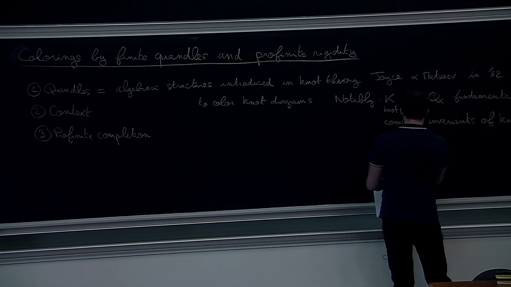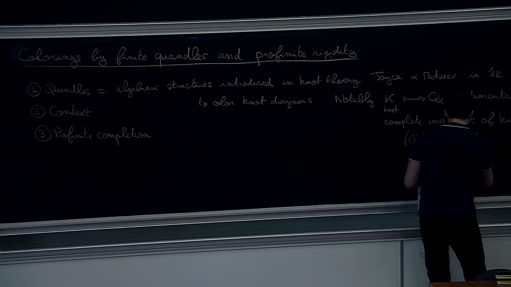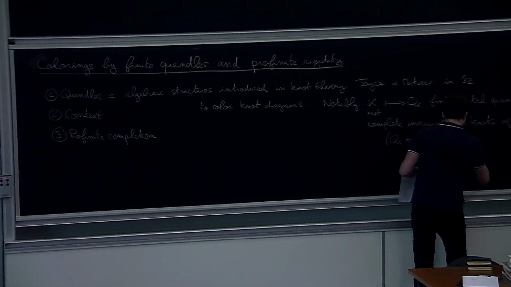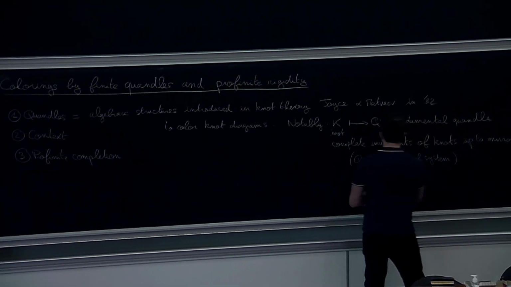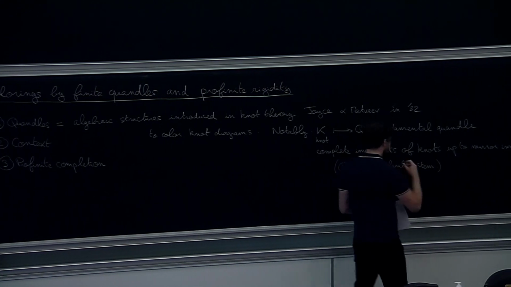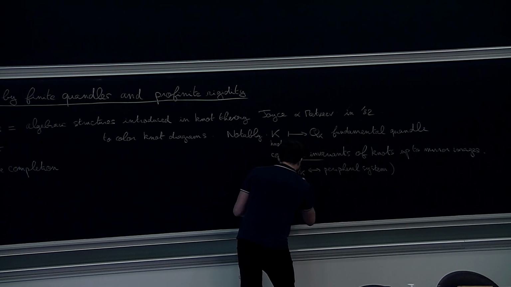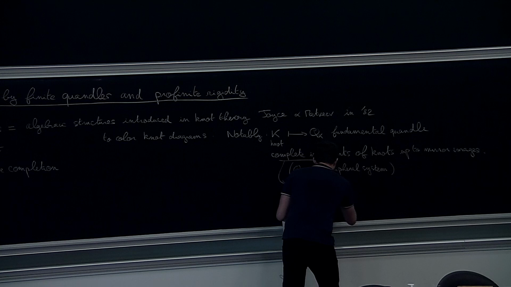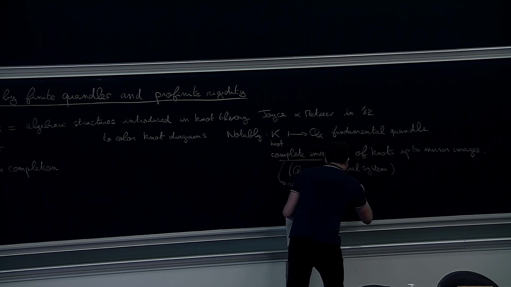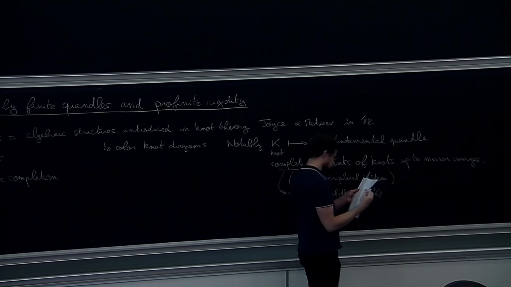That's because actually this is a nice way to encode what is called the peripheral system. And the fact that this is a complete invariant relies on work by Waldhausen on Haken manifolds in the 60s, I think 68.